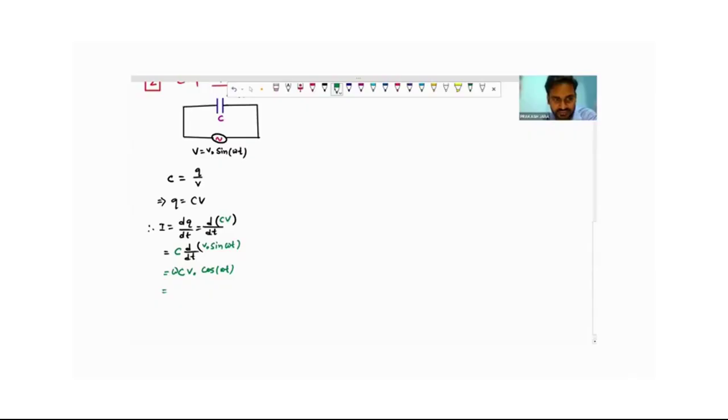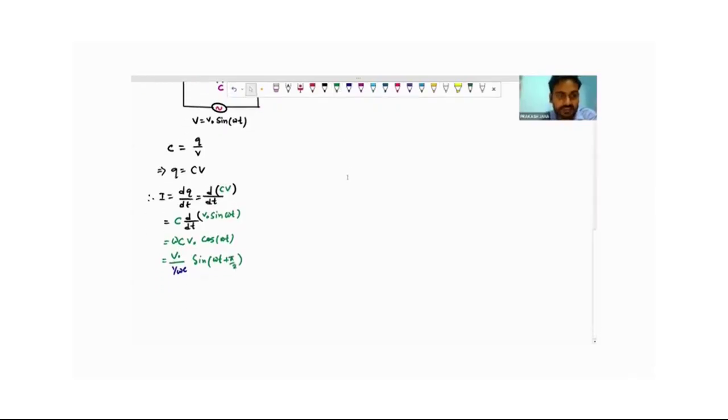So we can write it as V naught by 1 by omega C. This omega C V naught is written as V naught by 1 by omega C times cos omega t. See, this cos omega t again can be written as sine omega t plus pi by 2. Sine 90 degree plus theta is equal to cos theta, you know.